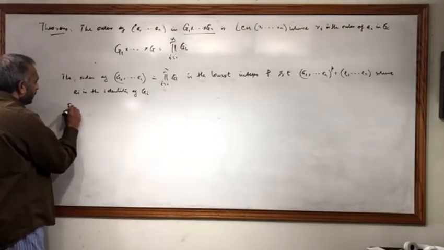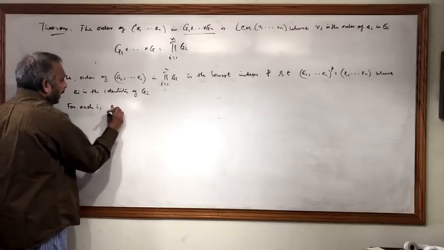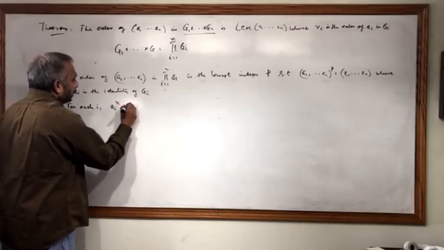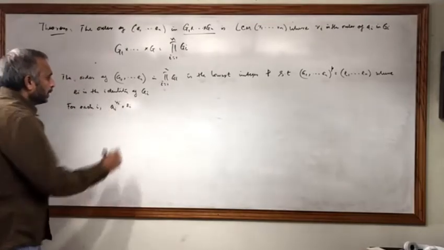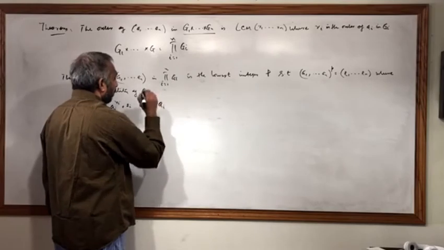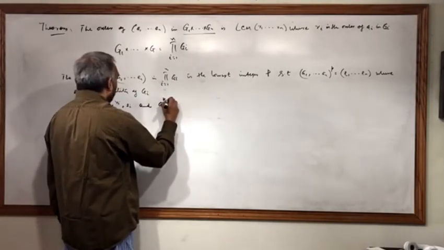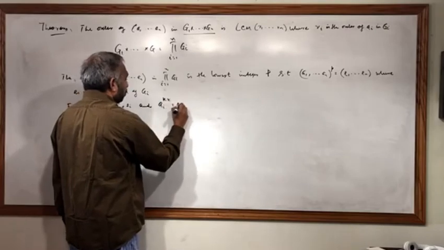For each i, ai to the power of ri is equal to ei, and ai to the power of any multiple ki ri is also ei.